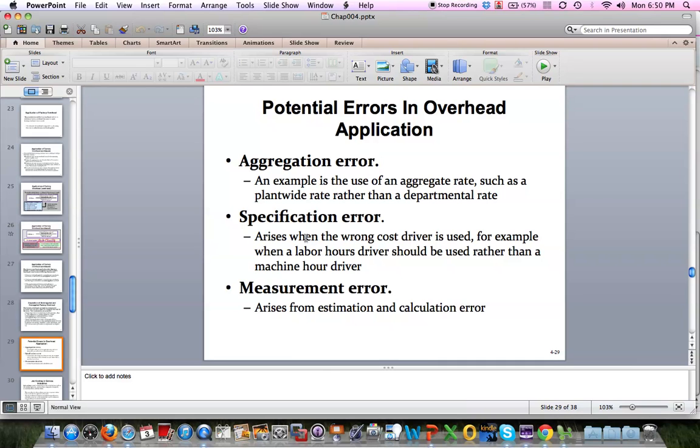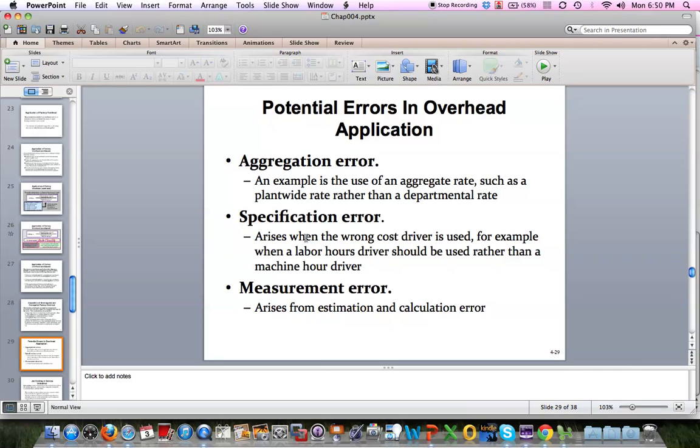Obviously, if I have 3, 4, 5, however many departments involved in manufacturing a product, it's more accurate if every department has its own application rate. That's just going to be more accurate than computing one rate for my entire company. So aggregation error basically says a single rate is just not as accurate as departmental rates.